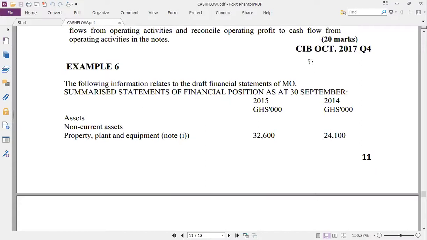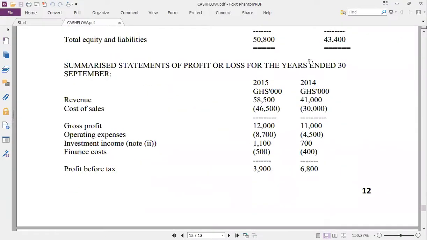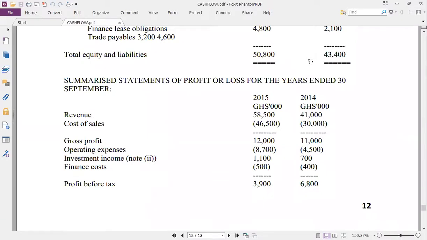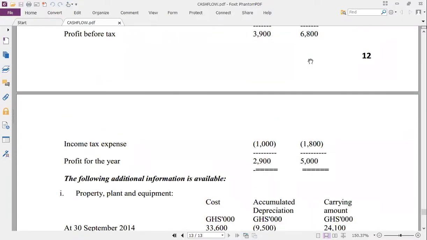Mo Limited. I like that question very well. For that question, I need both direct method and indirect method, like Adom Limited. So for Mo Limited, we need the direct and what? The indirect method.